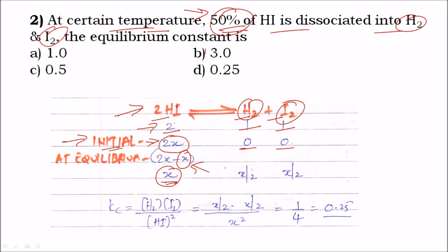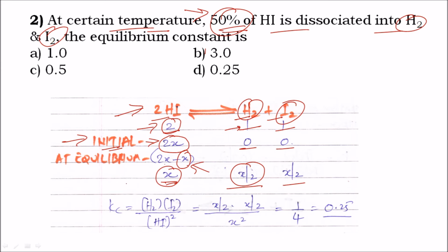You can see that 2 moles of HI will give 1 mole of each. Now if x moles are dissociating, it should be halved, because 2 moles give 1 mole each, so x moles should give x by 2 and x by 2 moles of H2 and I2. So we got the moles or concentrations of hydrogen and iodine.